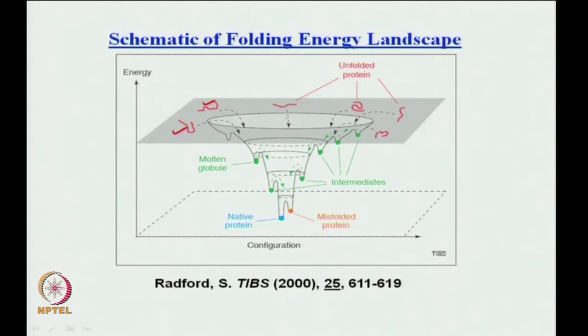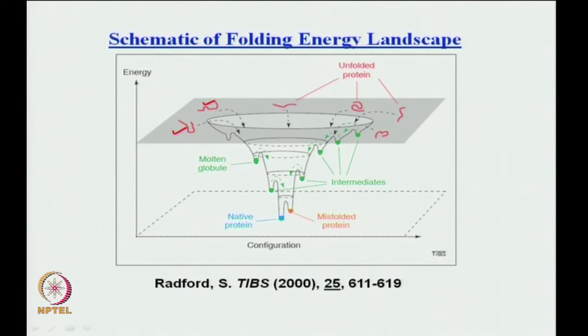Now, you see all of them are starting to fold from their respective points without trying to interconvert between themselves. Well, they can, but all of the black arrows are leading down from their respective points towards the native state. This shows 1, 2, 3, 4, 5, 6 representative unfolded states, but you can understand that you can have many unfolded states in between.